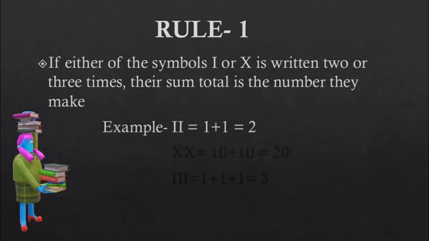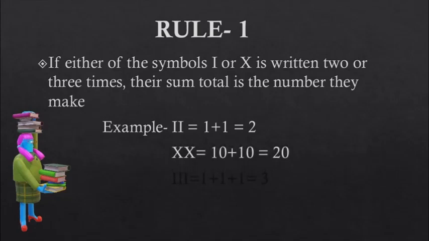For example, you are writing 2 times I. Now as 1 I is equal to 1, so 2 times I will be written as 1 plus 1. Now 1 plus 1 is 2. So that means 2I in Roman numerals is 2 in international form. Let's look at the second example.